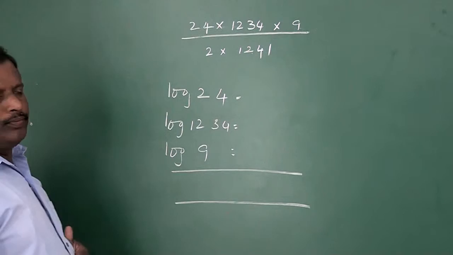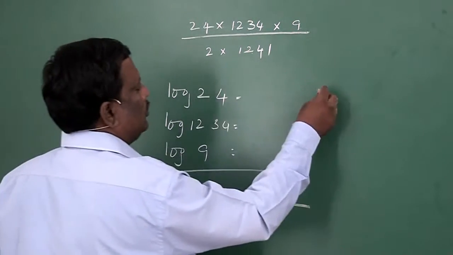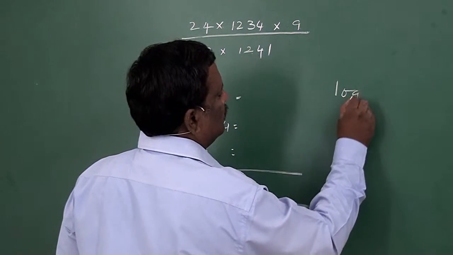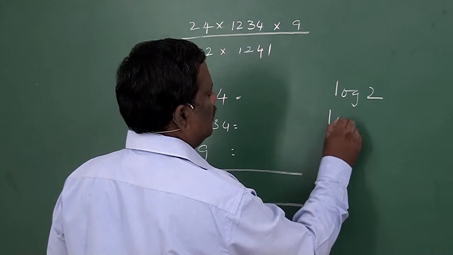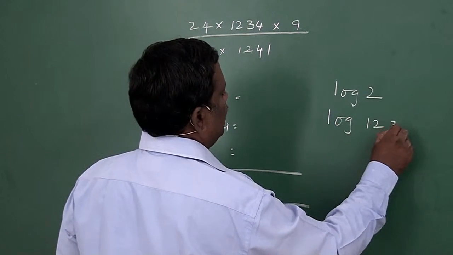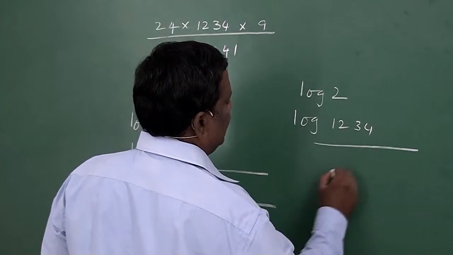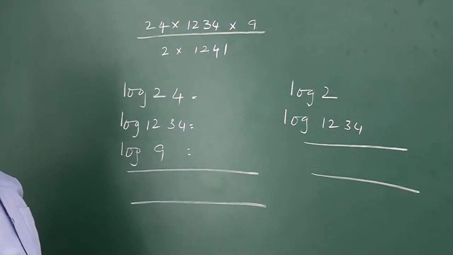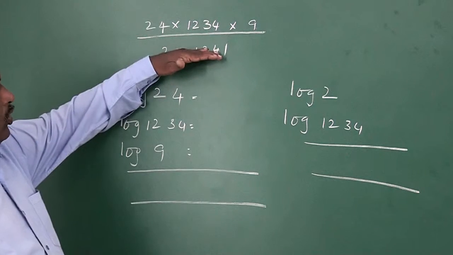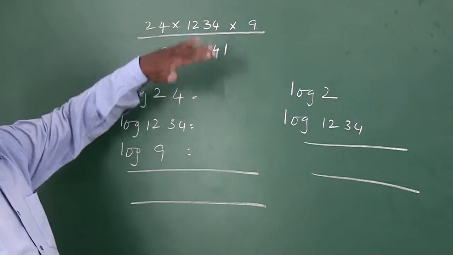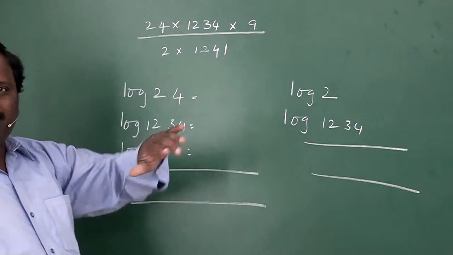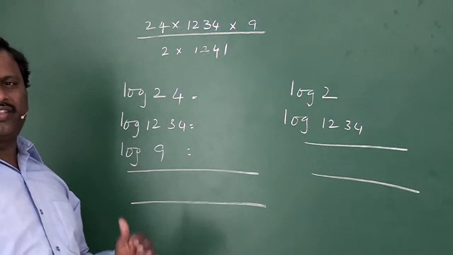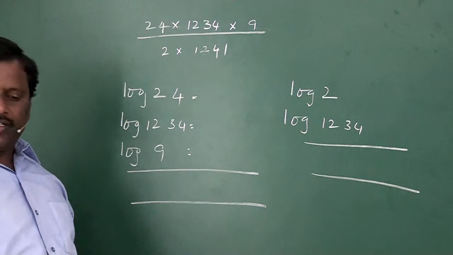Now here also you have log 2 and log 1241. By adding, you will get the log value of the denominator. So by subtracting the log value of the denominator from that of the numerator, you will get the log value of the answer. So let us see how we are going to get it.